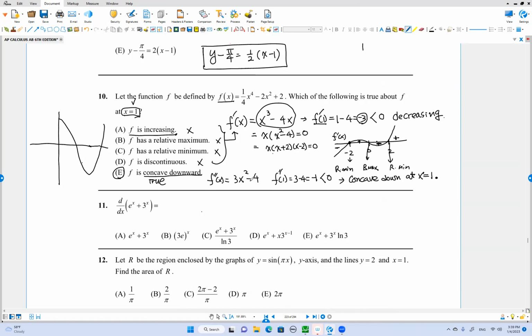So to find the inflection point, you set the second derivative to 0, okay? 3x squared minus 4 is 0, x squared is 4/3. So x is around 1 point something, a little greater than 1. From here, it's going to be concave up, okay? This point is the inflection point.